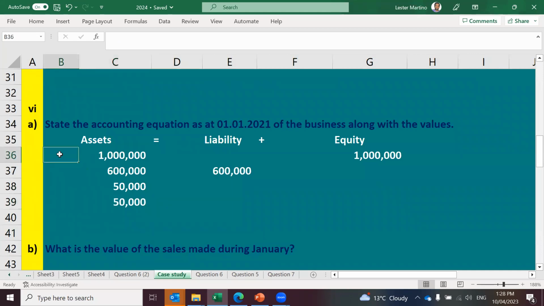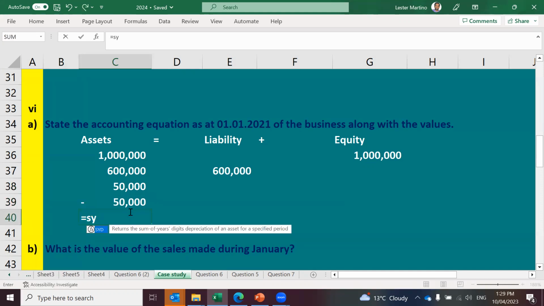If you want, you can put cash and you can put capital, you can put cash, you can put bank loan, you can put cash. Sorry, this is minus 50,000. So minus 50,000. Minus 50,000. So what is the overall position?